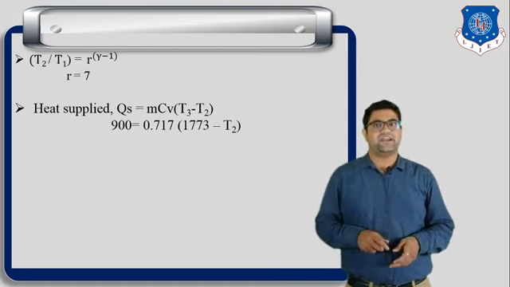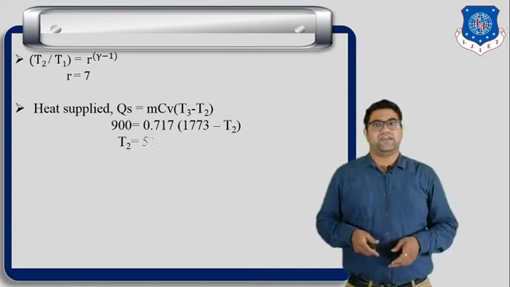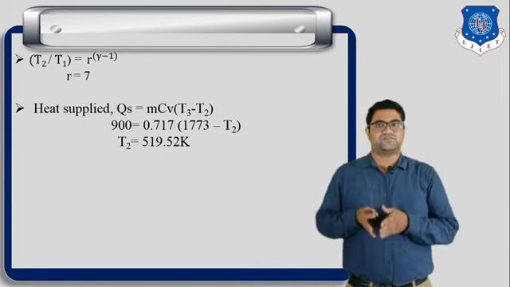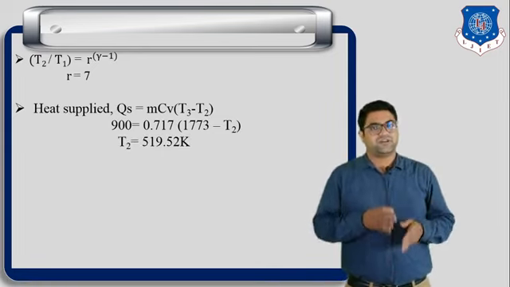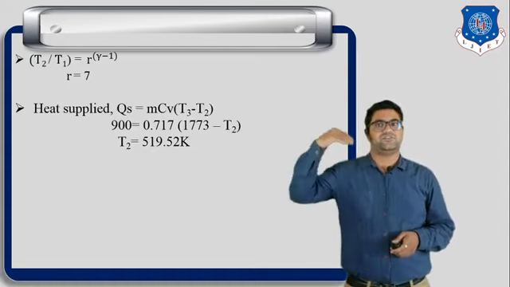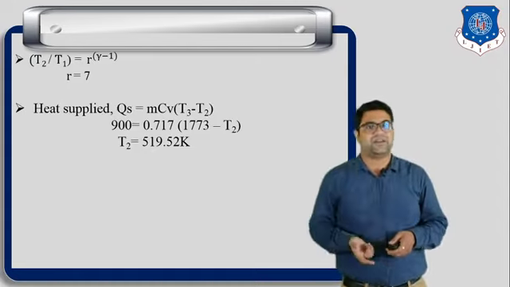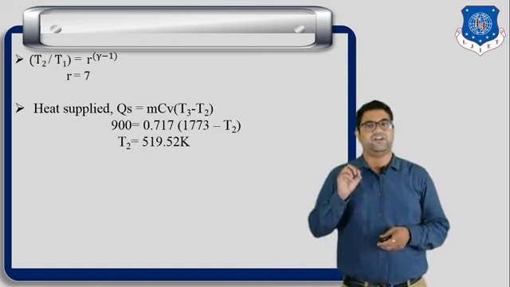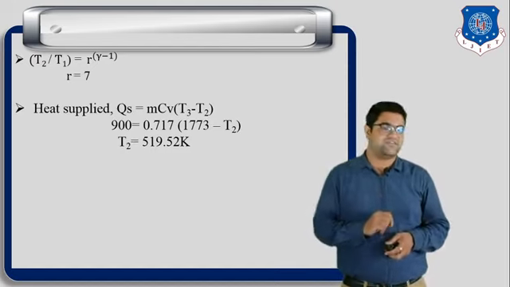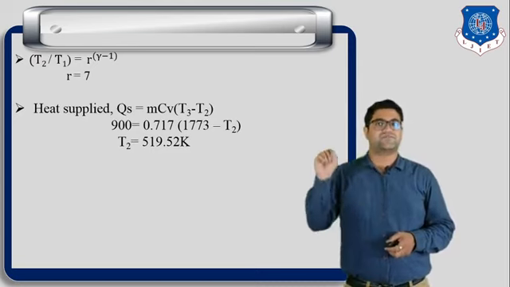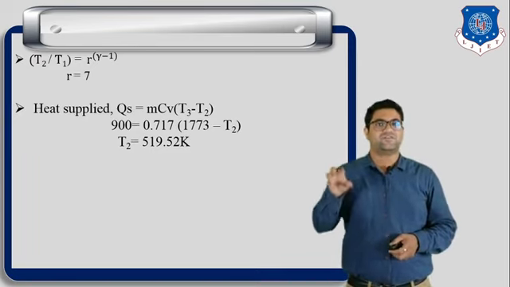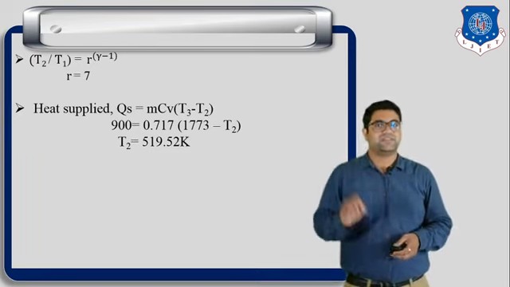From this we can find the value of T2, which is equal to 519.52 Kelvin. Now we can put the value of T2 in the equation T2 by T1 is equal to r raised to gamma minus 1. Then we find the value of r is equal to 7. So our first step was to find the compression ratio, which is equal to 7.